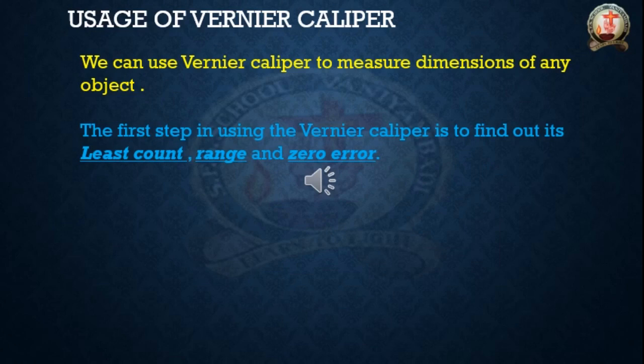Clearly I will explain on the next slide, and what is zero error, and that zero error has some types like positive error and negative error. I will explain later, in the next slides. Okay, so the two topics, least count and zero error, I will explain clearly in next slides.